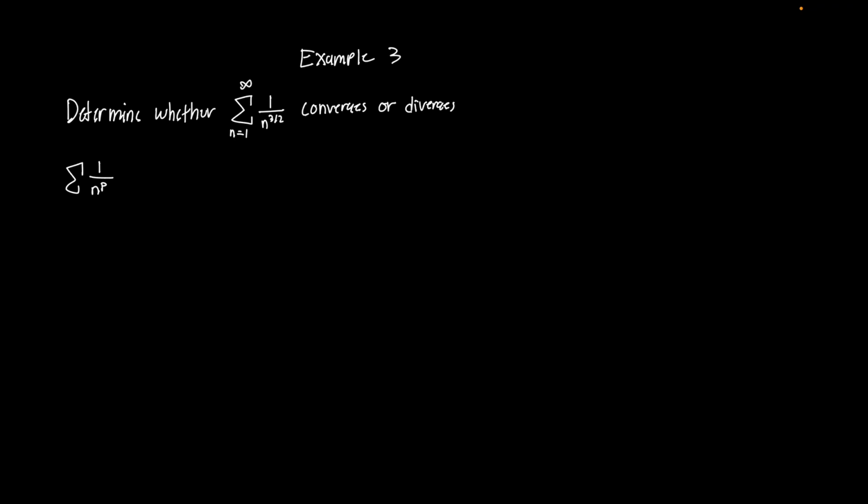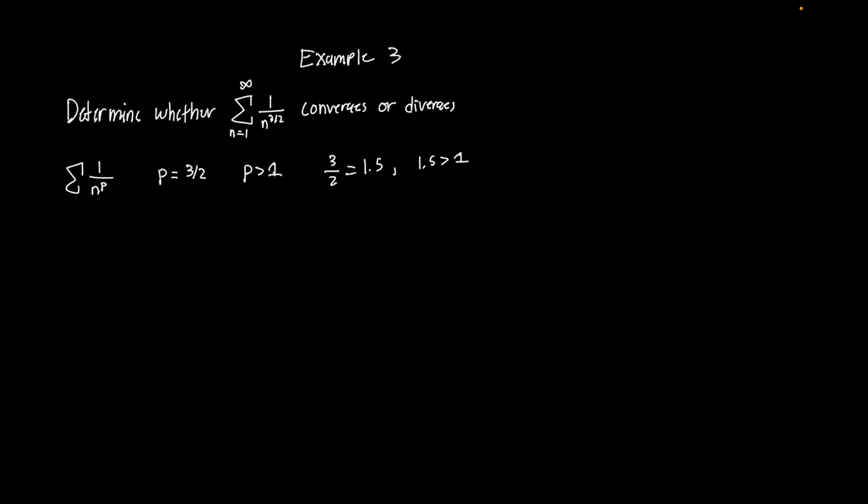In this case, our p value is 3/2. And we know a p-series converges if p is greater than 1. 3/2 is also equal to 1.5, and 1.5 is greater than 1.